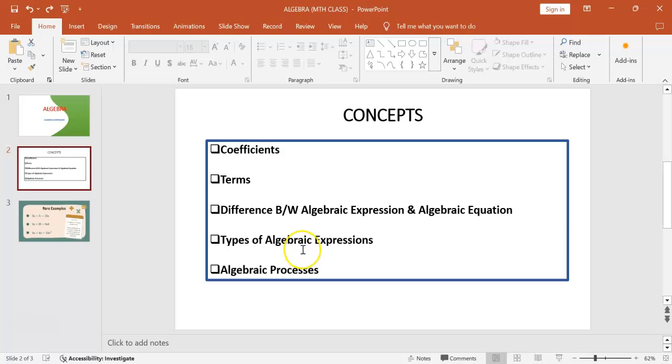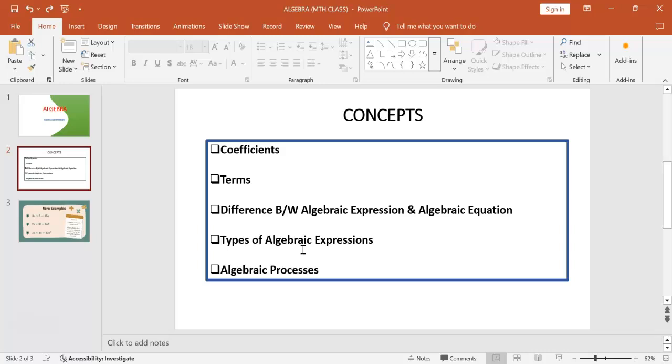Then the next thing we're going to be looking at is types of algebraic expressions. As I've said before, when you talk about algebraic expression, there are types of them. Then we move into algebraic processes, things like expansion. How is it being done? And we also look at factorization. How is it being done?